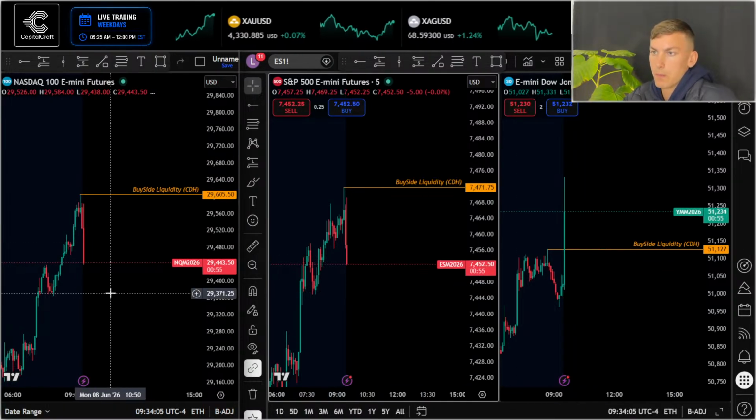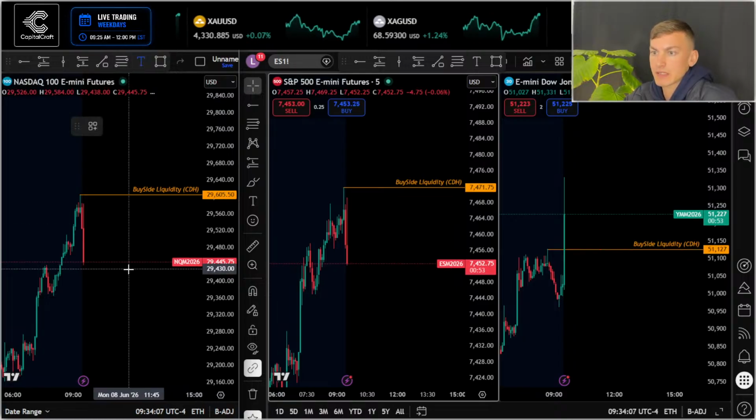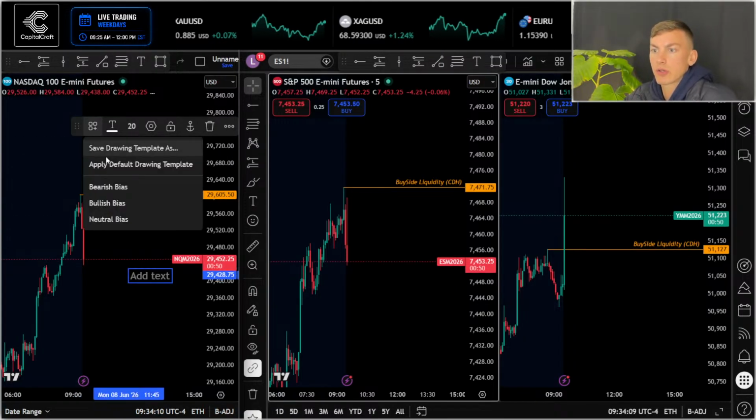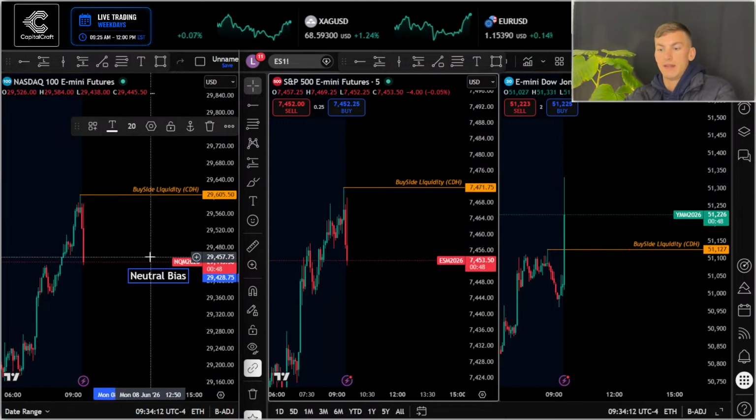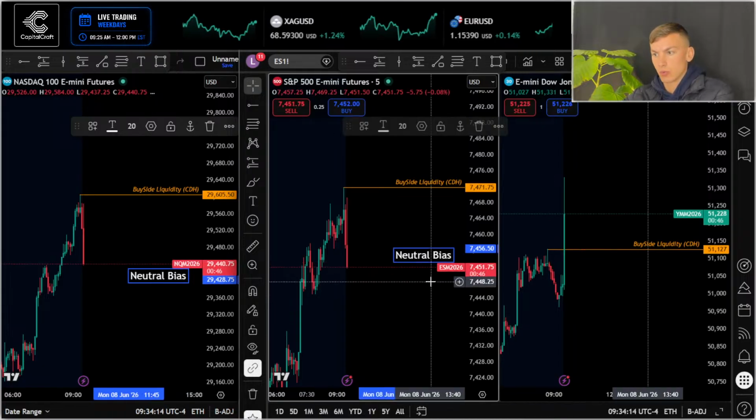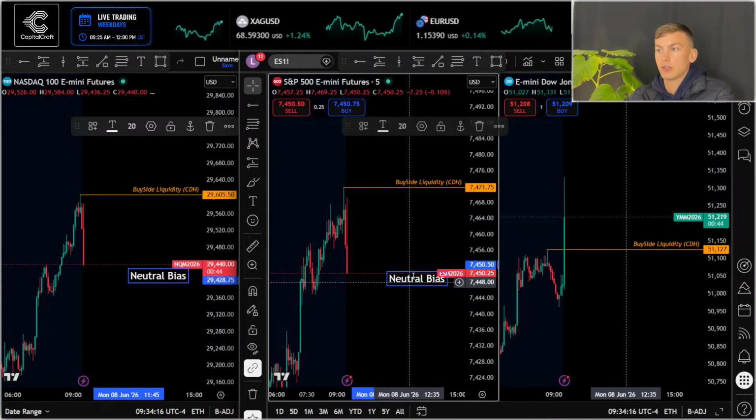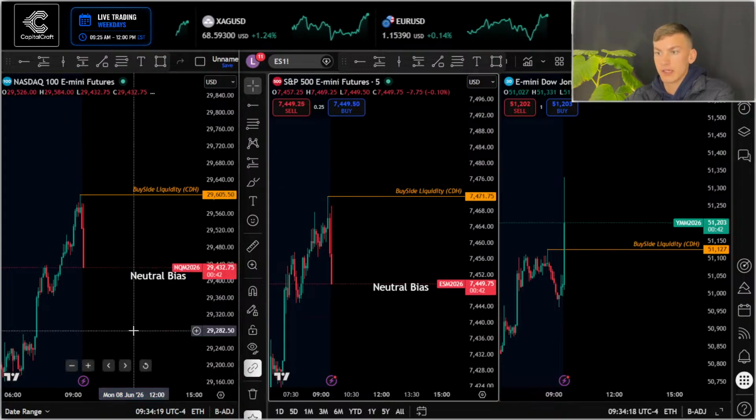So for right now, my bias with the Nasdaq, I am currently looking to be neutral. And likewise with S&P, since we have not yet taken out a liquidity level, I am also neutral on the S&P.